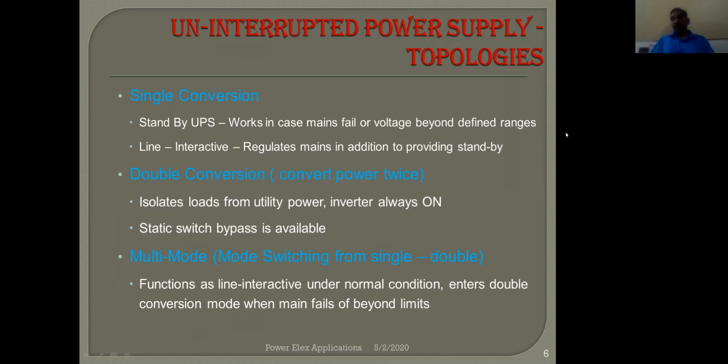Means AC will be converted to DC using a controlled or uncontrolled rectifier. That DC will be converted back to AC, or it will take power from storage and supply it to the load after inverting it. This is how most UPS work.